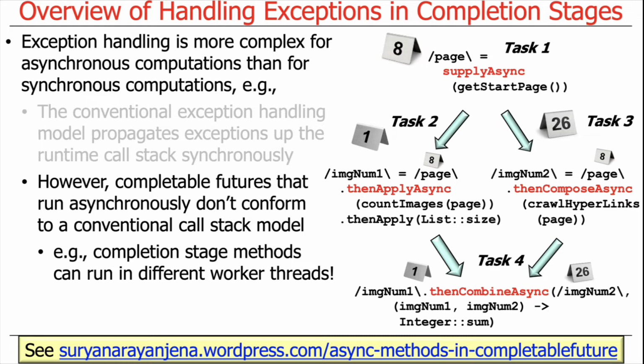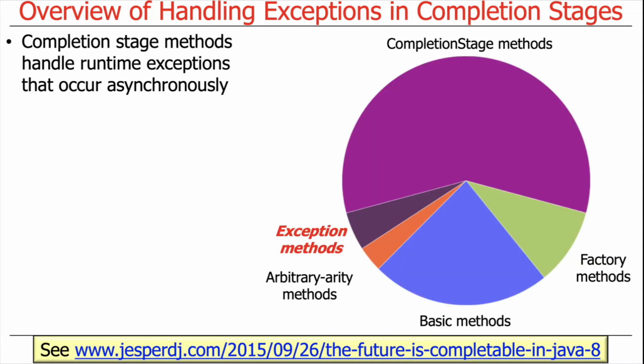You want these asynchronous computations running in other threads, in background threads, for example coming out of the common fork-join pool, rather than the thread that invoked the call in the first place. So that's the thing to remember. Therefore, we have a bunch of completion stage methods that are defined to handle runtime exceptions that occur asynchronously with respect to the original invocation of the method.